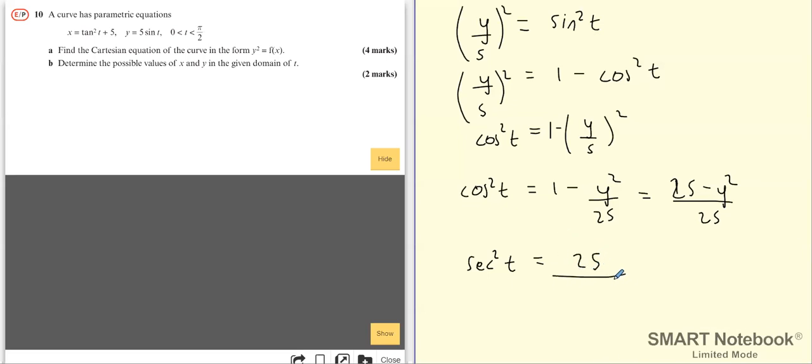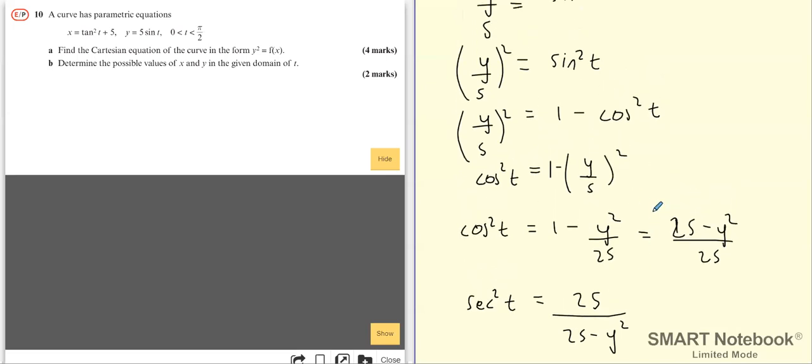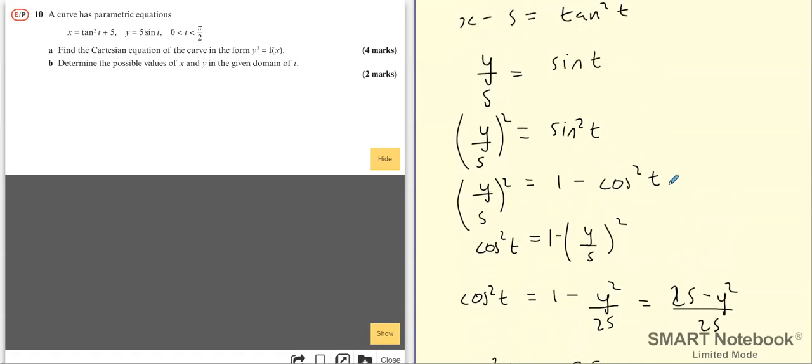So we get 25 over 25 minus y squared. Does that make sense? Can you please let me know in the chat if everyone has followed everything that I've done there? Any questions? Have I lost anyone there?